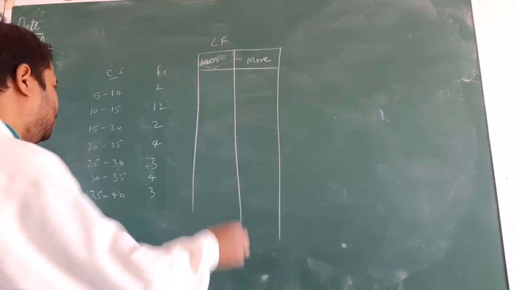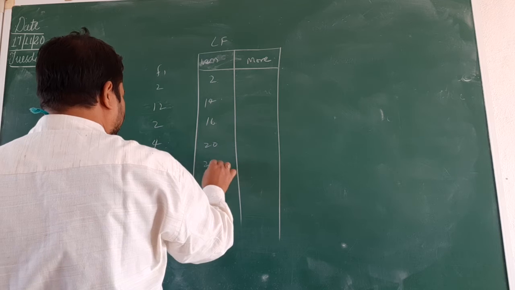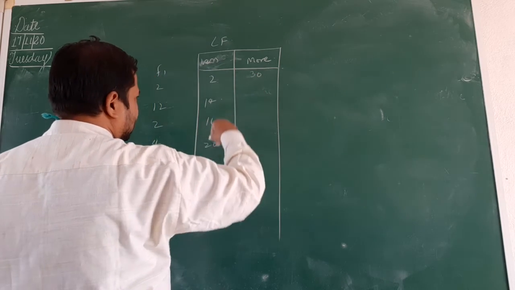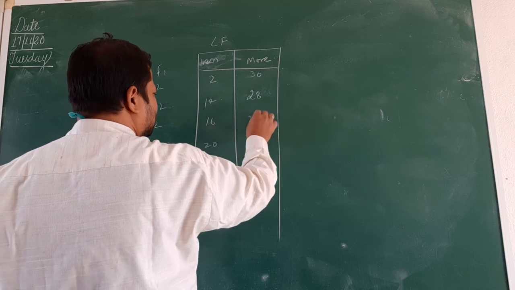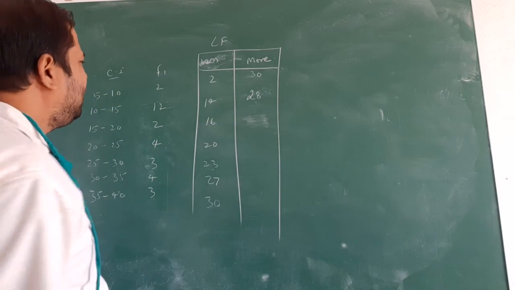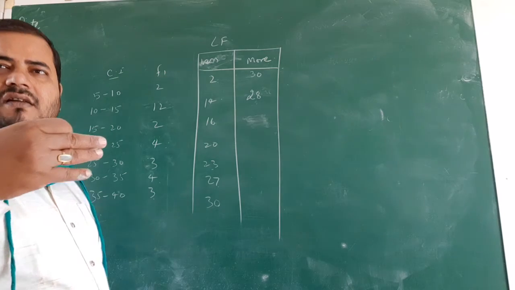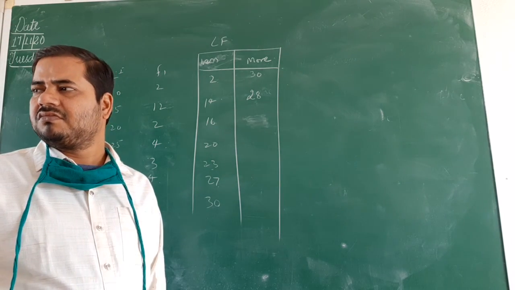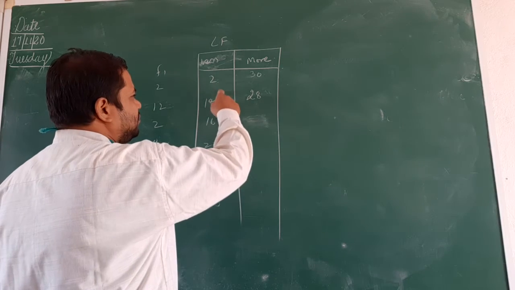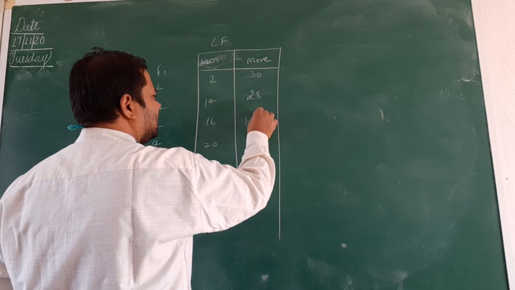So less than type is what? 2, 14, then 16, then 20, then 23, then 27, and this one is 30. We subtract from the table: 30, then 2 is removed, then 14 is subtracted, okay?